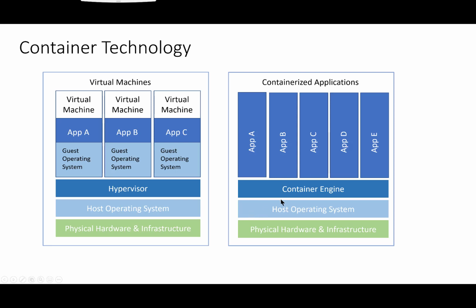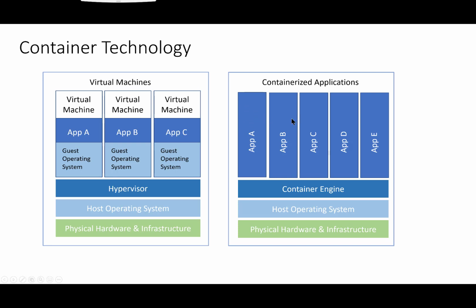What happens here is, in the containers approach, instead of using a hypervisor, we use a runtime, which is a container engine that allows the containers to communicate and leverage resources from the host operating system. Basically, the host operating system is shared between different containers, and each container is running in its own space, right?